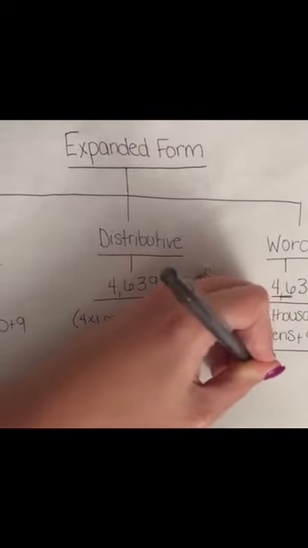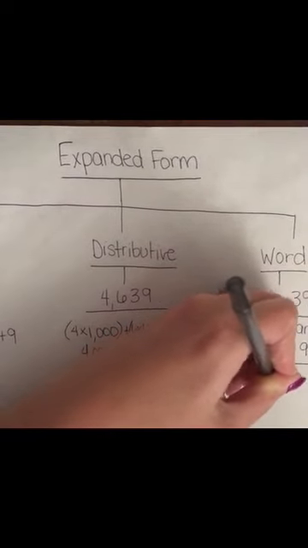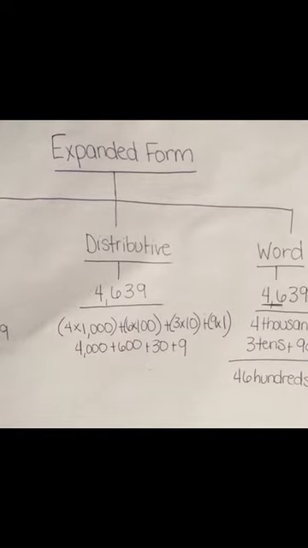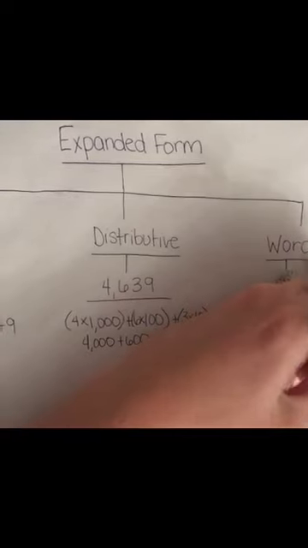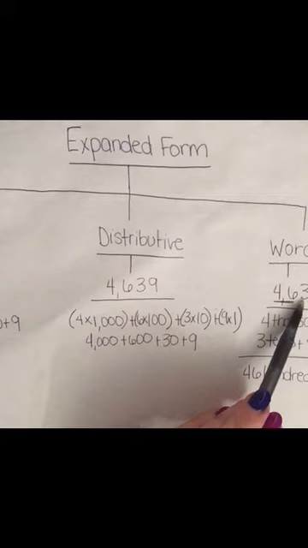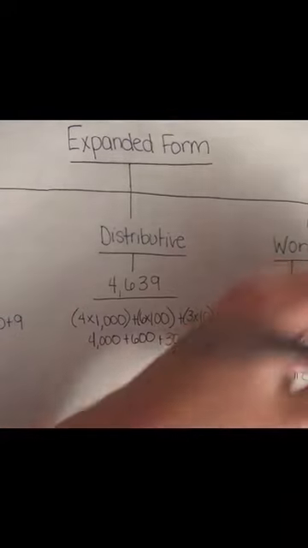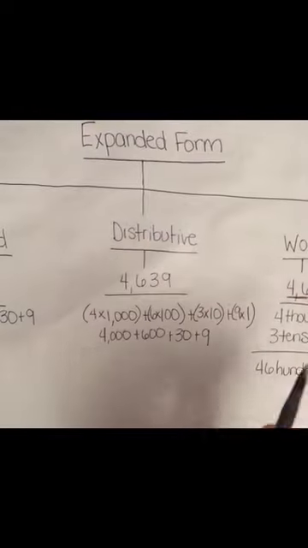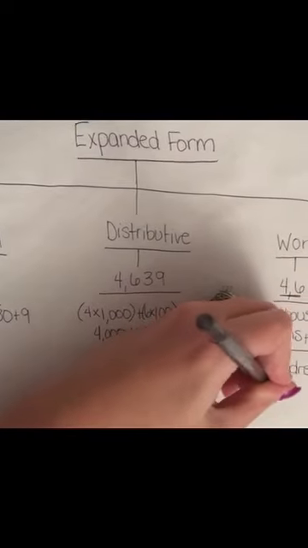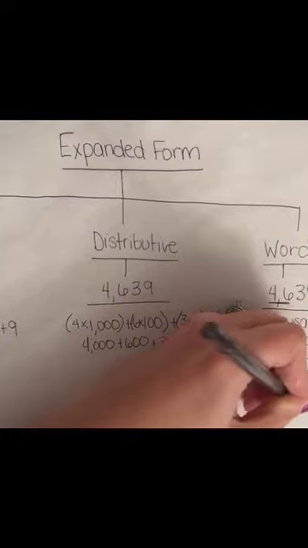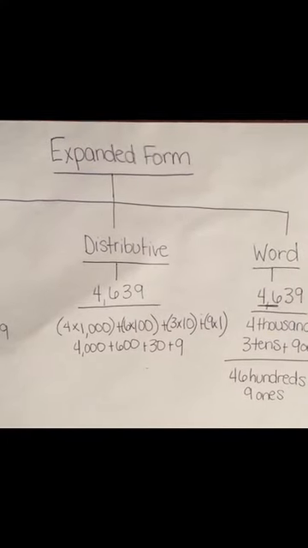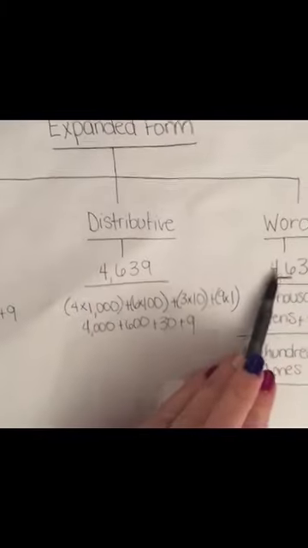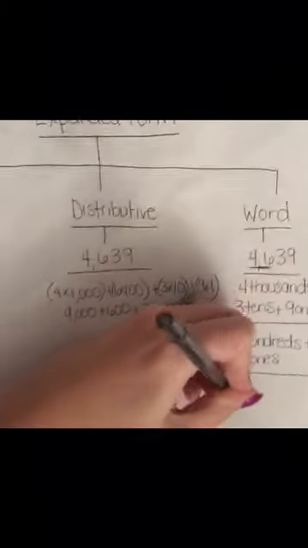So 46 hundreds plus, and then we just go right over to our tens since we use these two. 3 tens plus, and we got 9 ones. Or just to give you another example, we could group this as, starting again, 4 thousands.